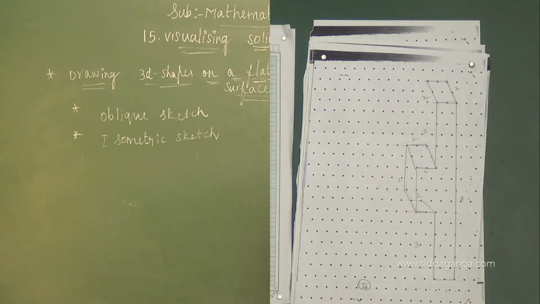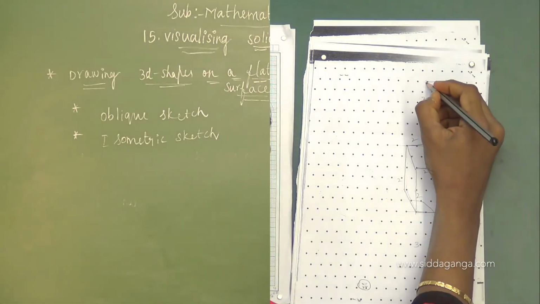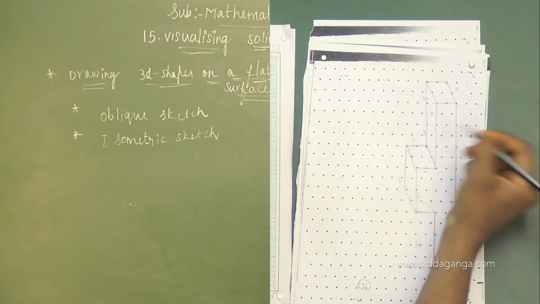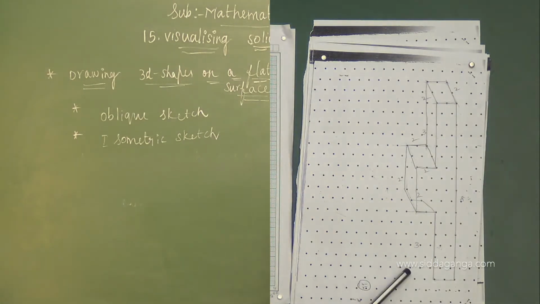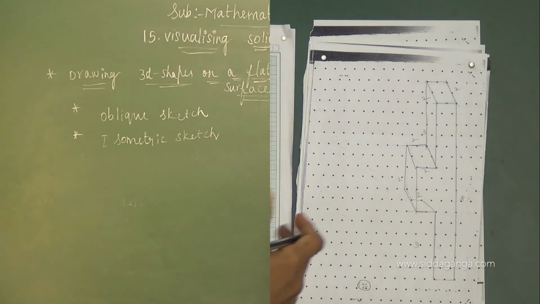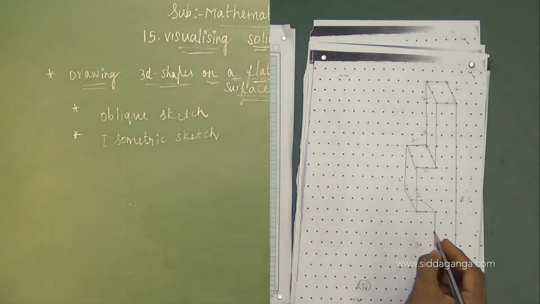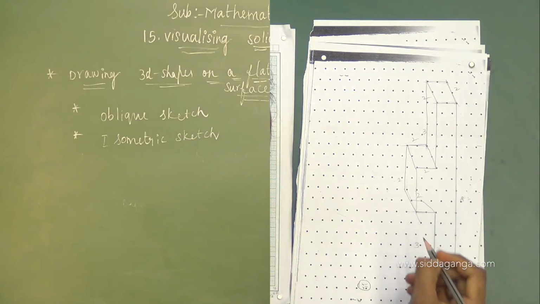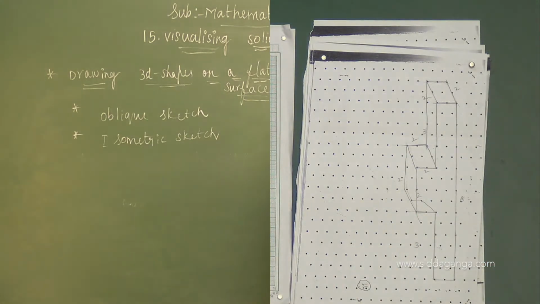See here, this one will be the isometric sketch for the given oblique sketch.